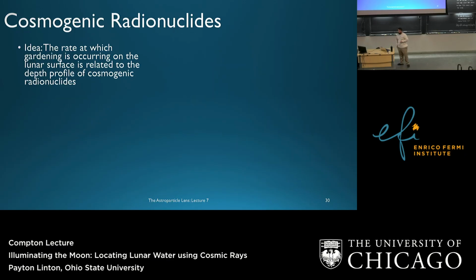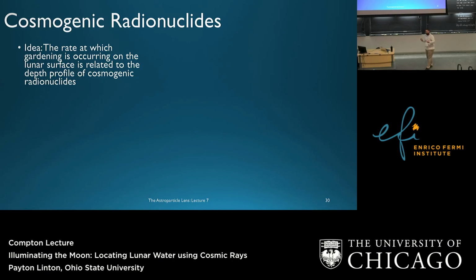And we say, okay, I know that cosmic rays are forming these cosmogenic materials. I'm expecting gardening to happen. So what should I see in the data if I were to bring home a whole column of the moon? Well, if gardening is not happening, then what I expect is most cosmic rays hit the surface and interact immediately.